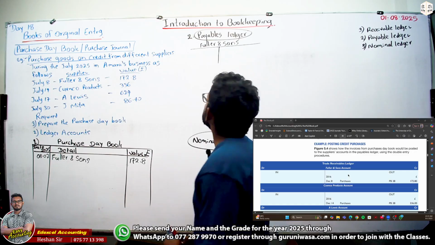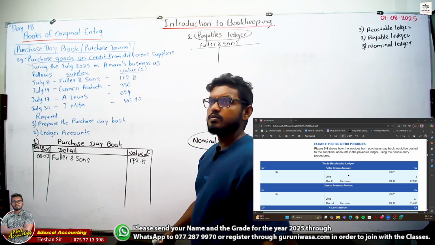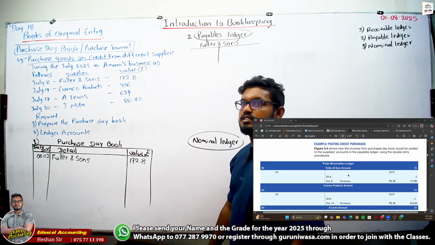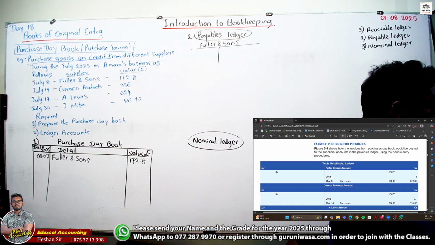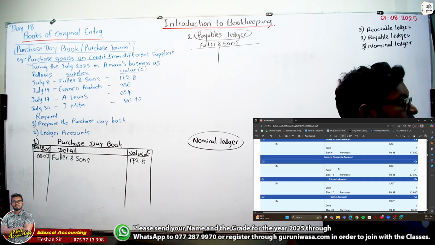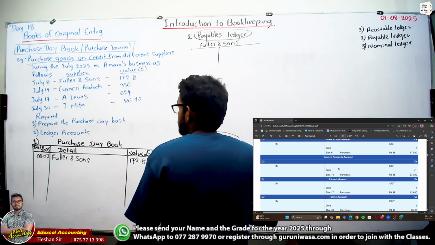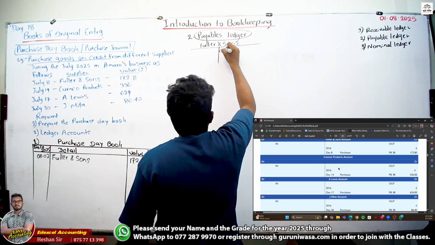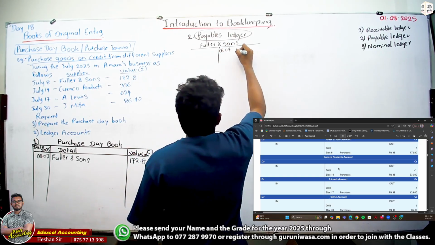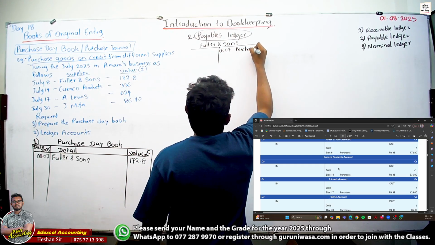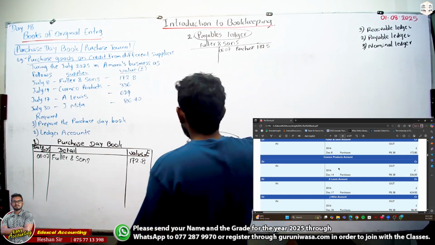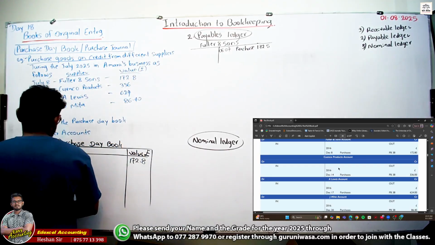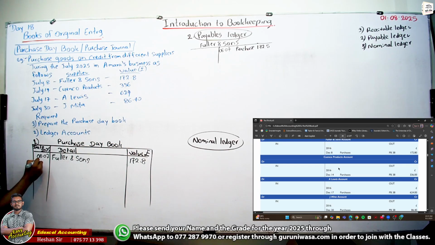This is labelled the trade receivable ledger, oh, this is not the receivable. This is the payable ledger, because we are purchasing. So here it's incorrect; please correct it as trade payable ledger. Fuller and Sons, 8th of July, you can write it as purchase. The value is 172.8. We write the credit side, but we are not writing the debit side. I'll tell you why. Then 14th of July, don't write.